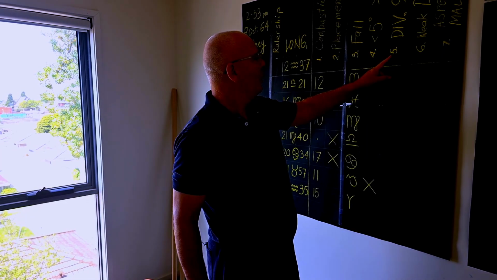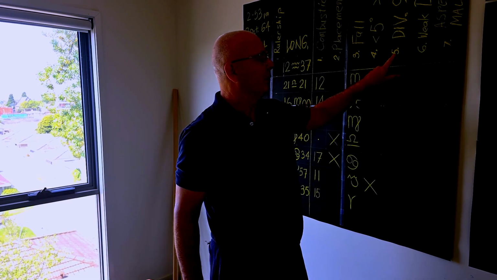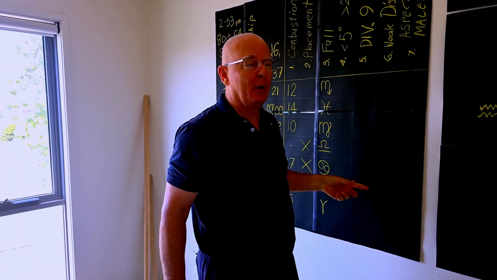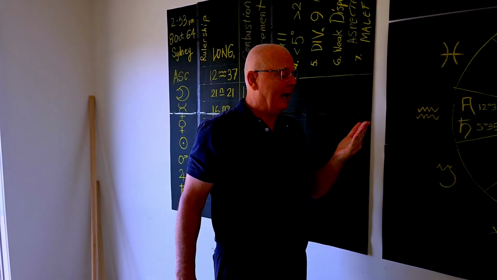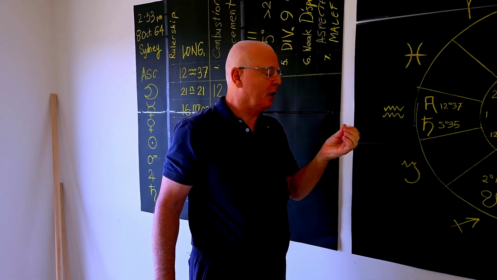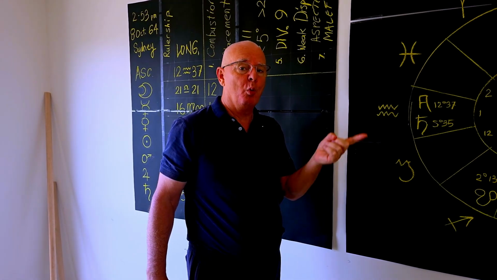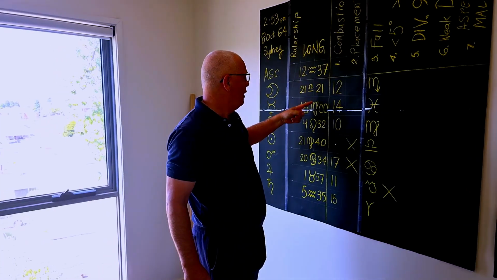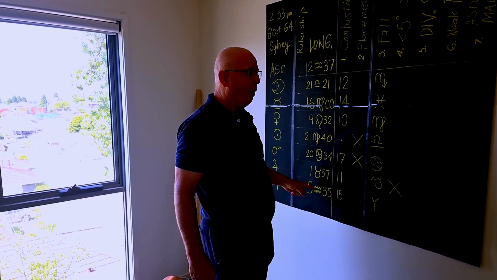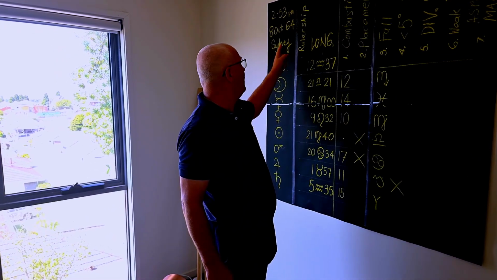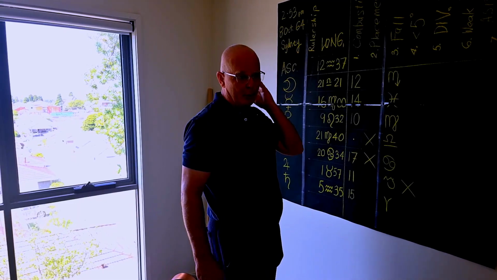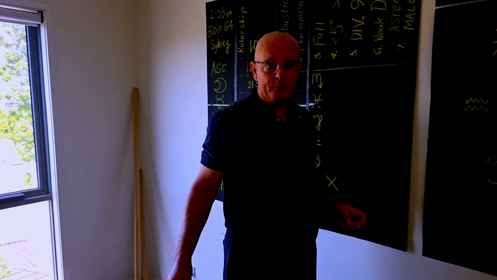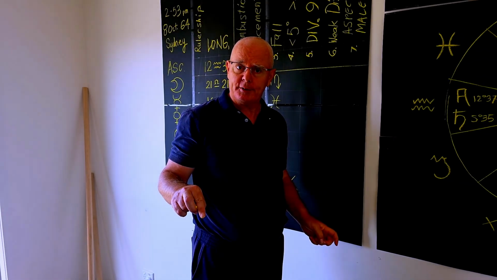Here, we can't actually see this on this chart. I'm just going to have to tell you. And you're going to have to calculate it yourself. You know, I did give you homework that you calculate the longitude of the planets for the time and place of your birth. If you don't know the time, then you're in the right place.